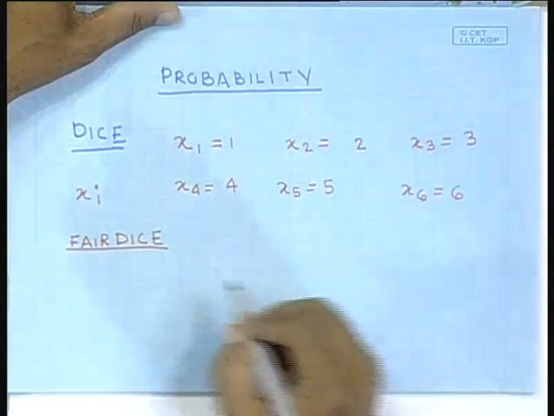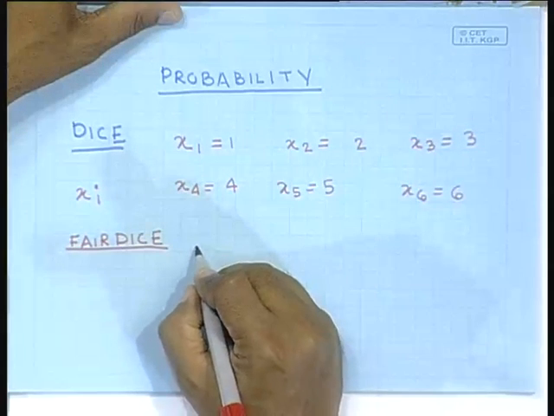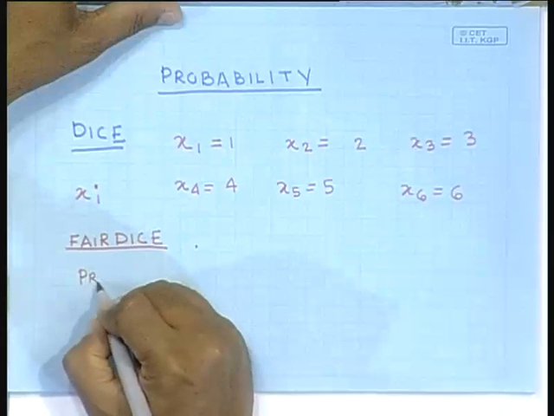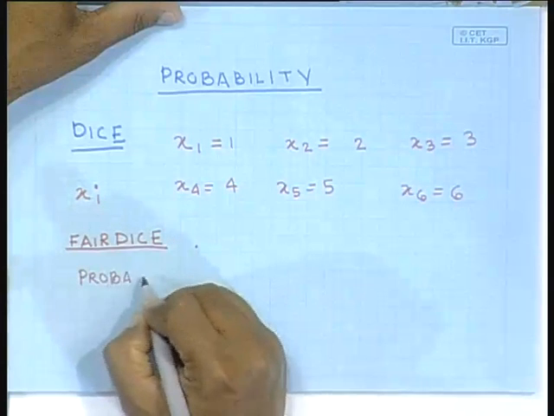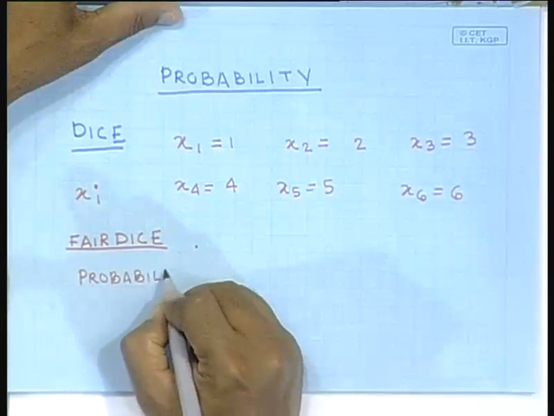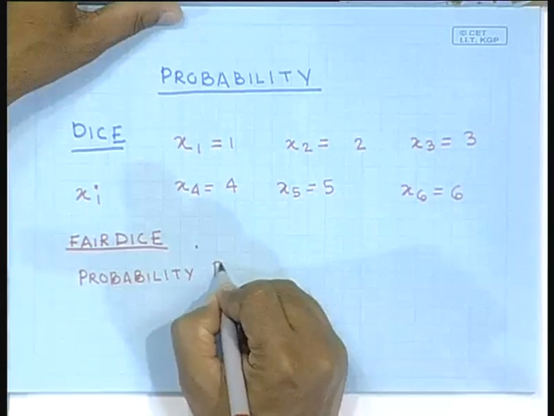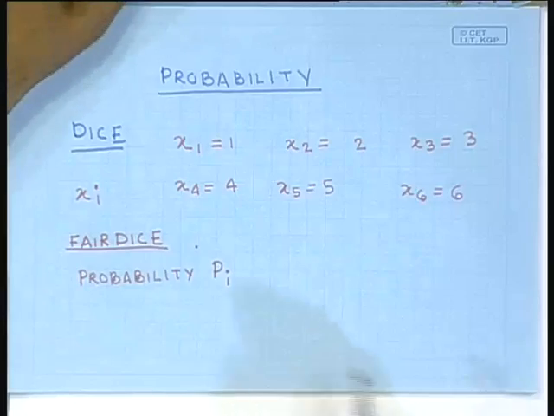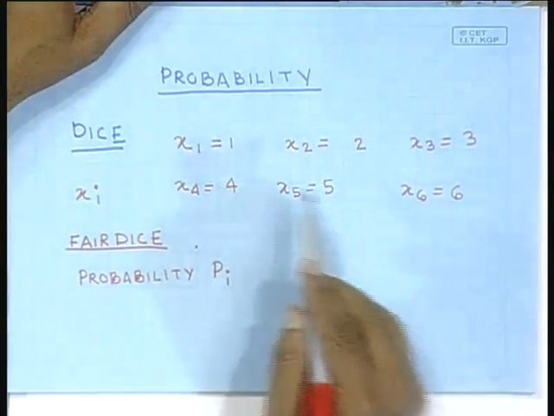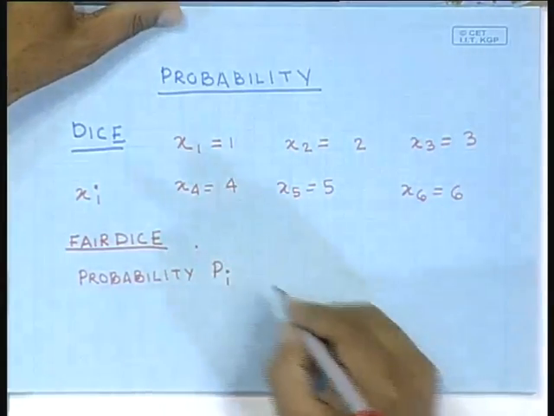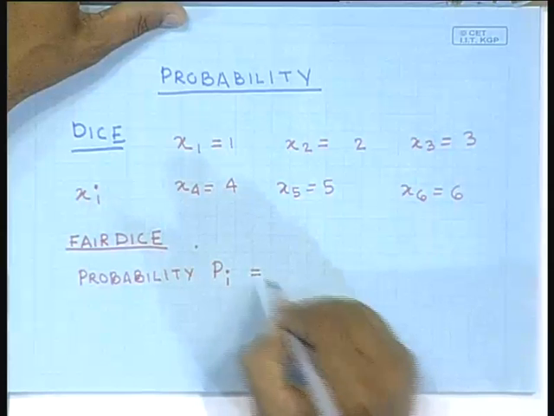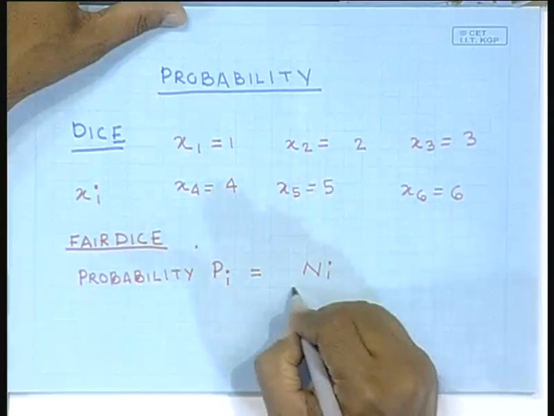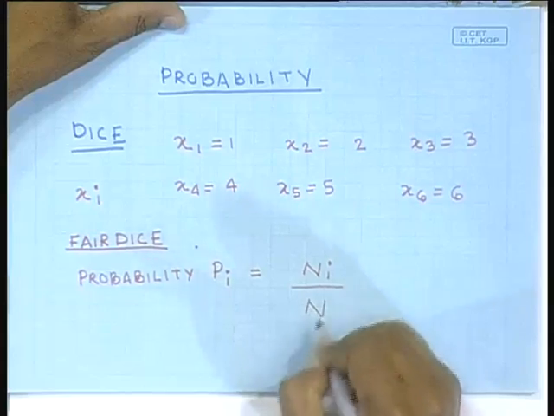If you wish to calculate the probability of getting a particular value, Pi, the probability of getting a particular value i, where the index i could be 1, 2, 3, 4, 5, 6, is the number of times I get that value divided by the total number of times I have thrown the dice.